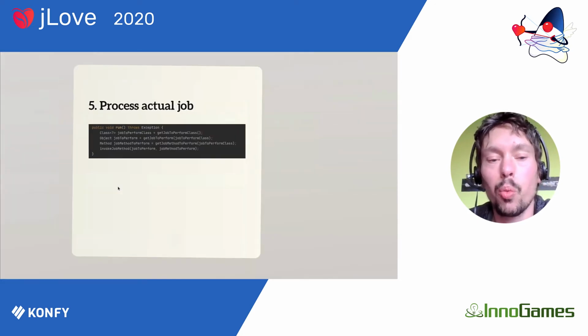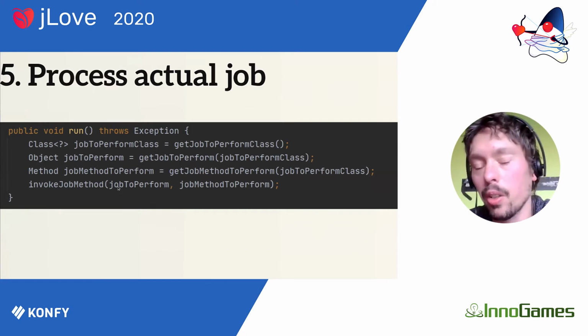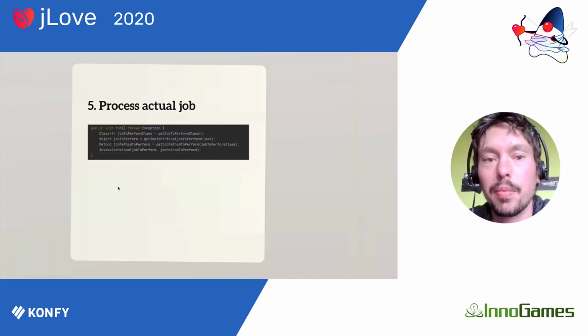Then we process the actual job. This is rather easy. This is just some reflection going on. We get a job to perform. I ask it from the IoC container. Then we get the job method to perform from the JSON, and then we invoke the actual method with the correct parameters.